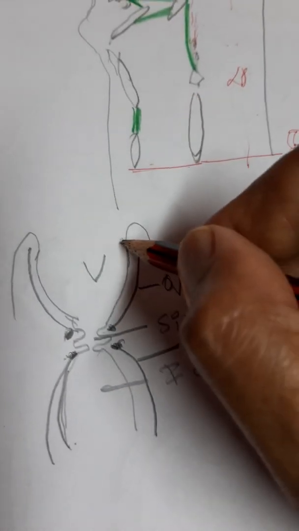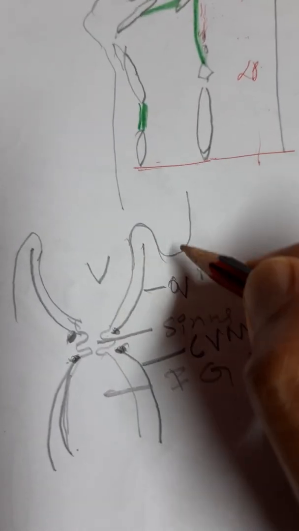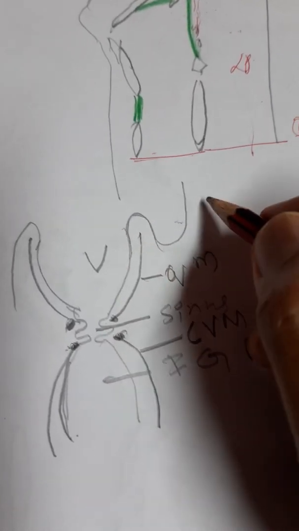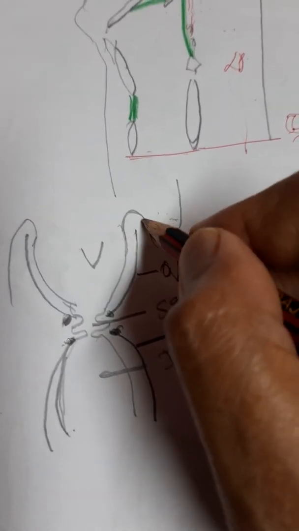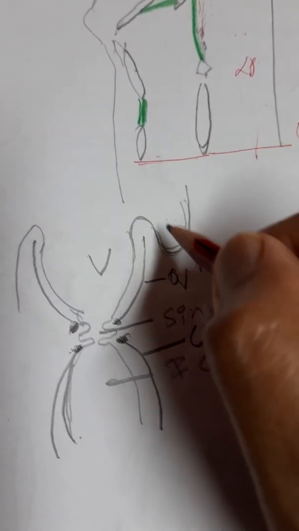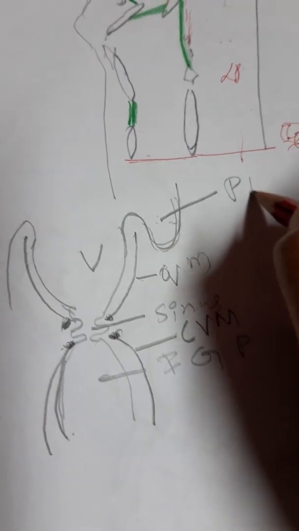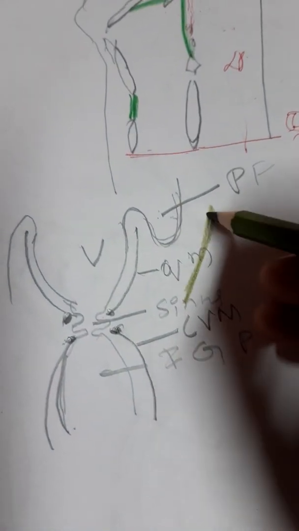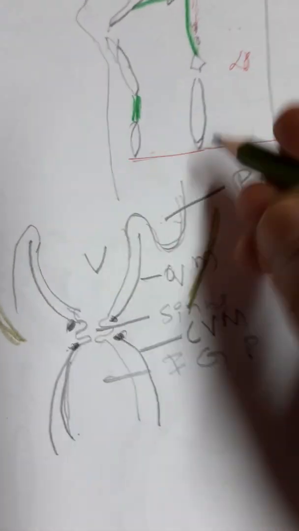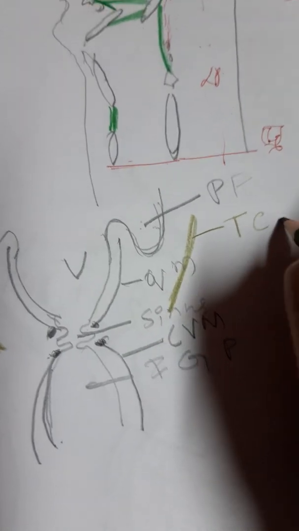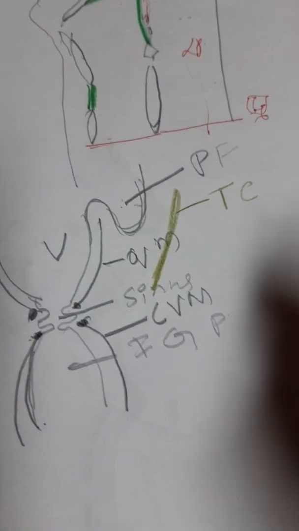Now, can you see this pouch-like projection here? This pouch is nothing but your piriform fossa. Here is the thyroid cartilage, another of the unpaired cartilages of the larynx.